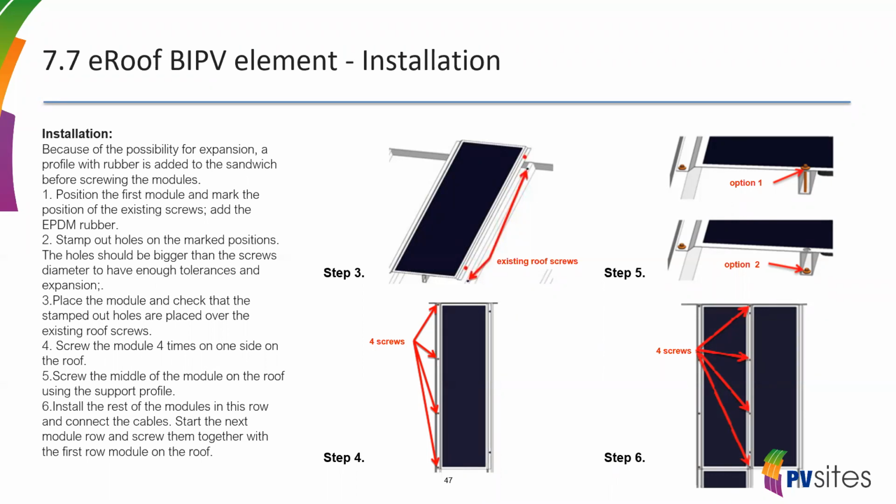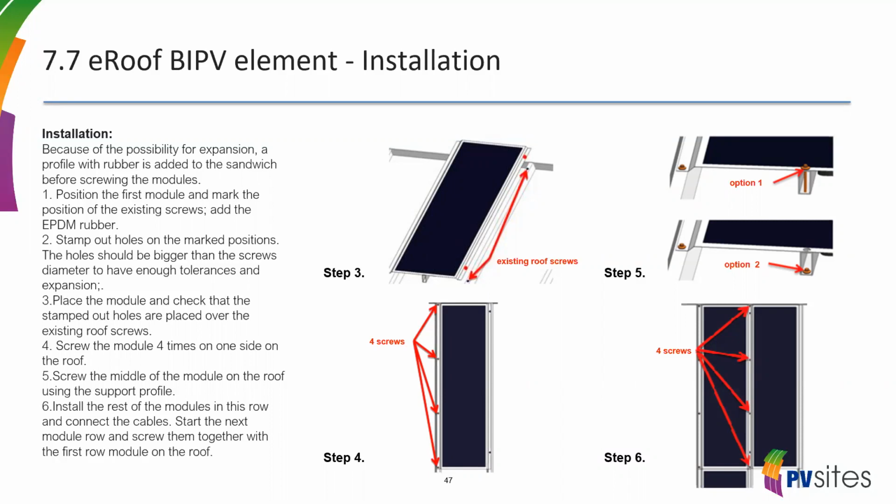If you do so, then you can start with the next step. You screw it on one side, and then you take the next one, go over it, and screw the next one on over it. And the one in the middle, at the end of every module, we screw it on the supporting profile that we have in the middle.